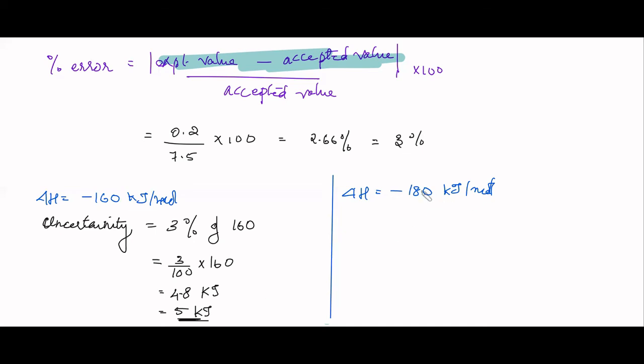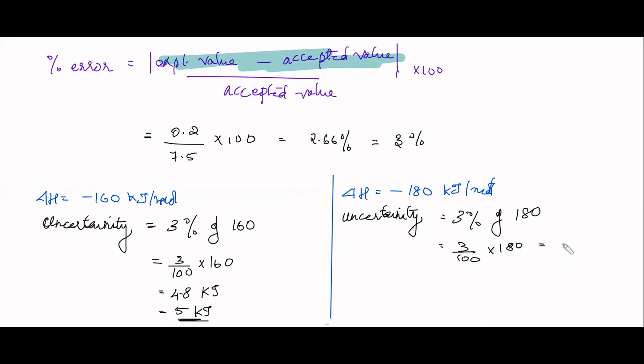Or if I'm going with minus 180 kilojoules, the uncertainty is equal to 3% of 180. So that will be 3 over 100 times 180.